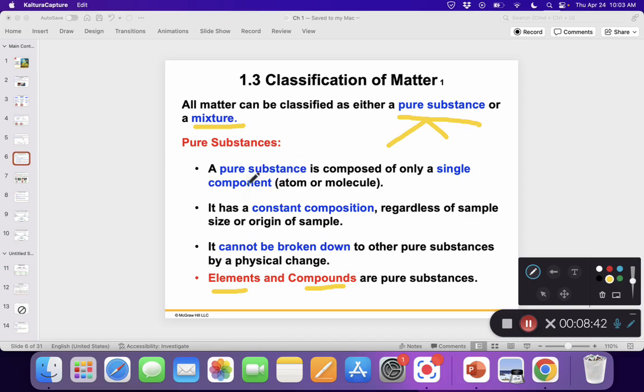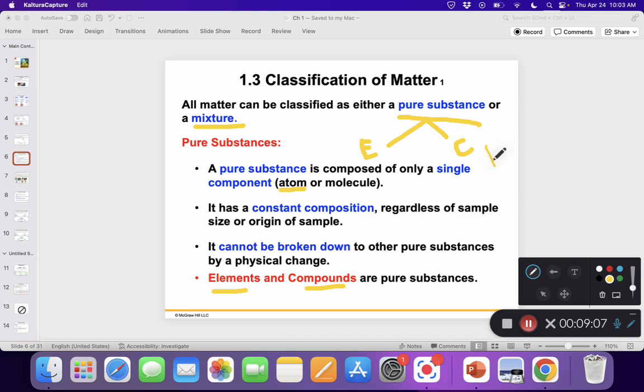Pure substance means it is always composed of a single component. If the single component is an atom, then we are talking about an element. If the single component is a molecule, then we are talking about a compound.